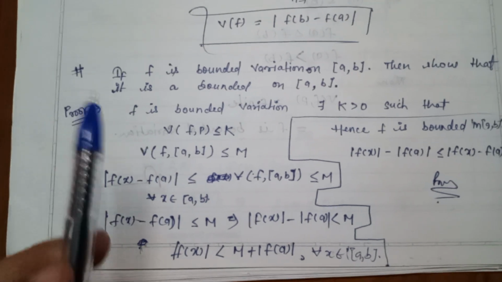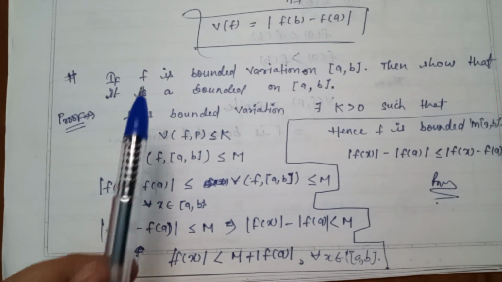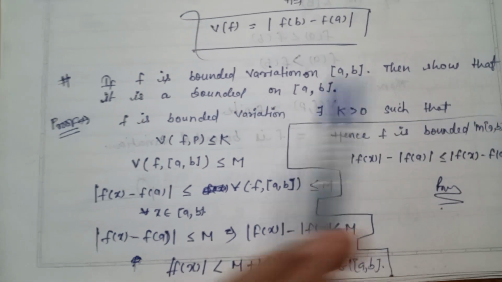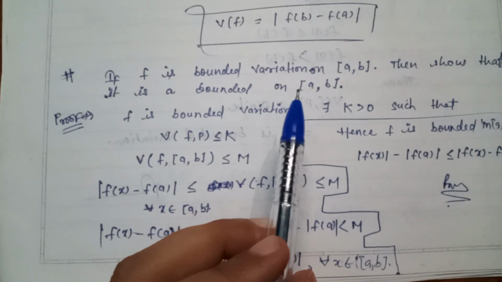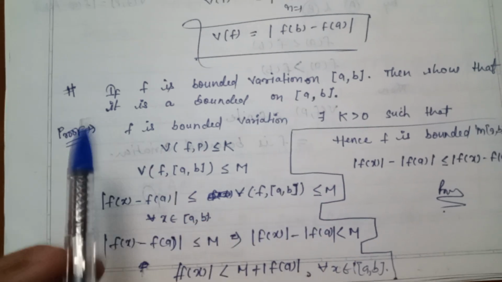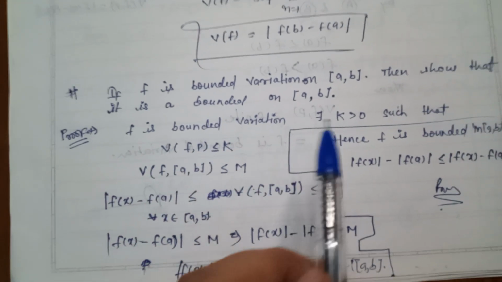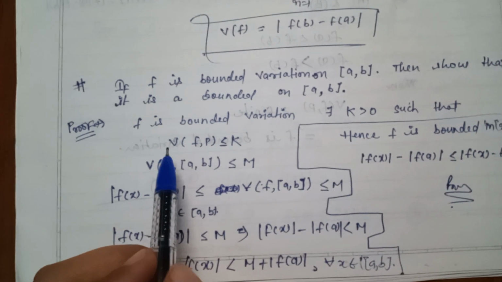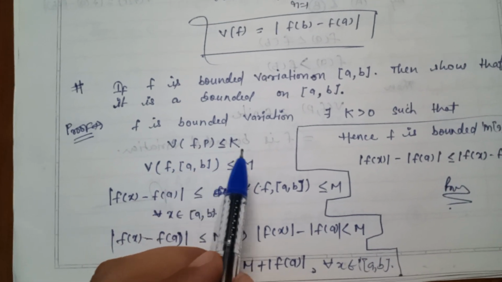There is another theorem. If f is of bounded variation on the closed interval [a, b], then show that it is bounded on the closed interval [a, b]. So f is of bounded variation, there exists k greater than 0 such that V(f, P) is less than or equal to k.